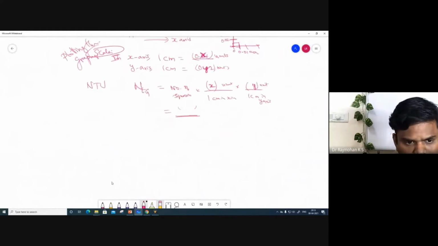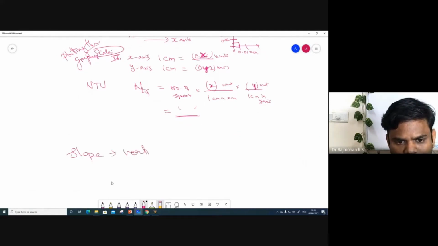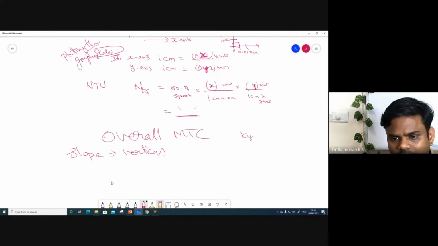In those cases, the slope we will get will be vertical, right? Overall mass transfer coefficient, that is, instead of small ky, you write capital Ky. This is the individual mass transfer coefficient. If you write in terms of the overall mass transfer coefficient, the slope will be vertical.